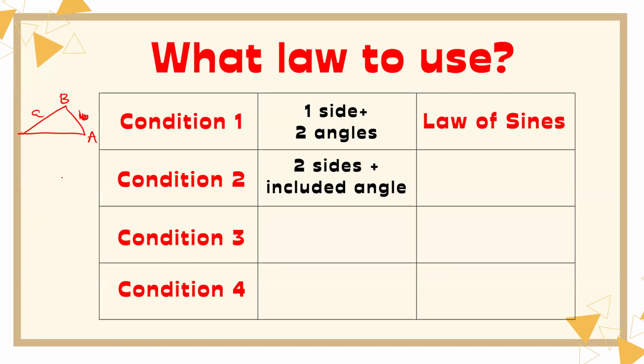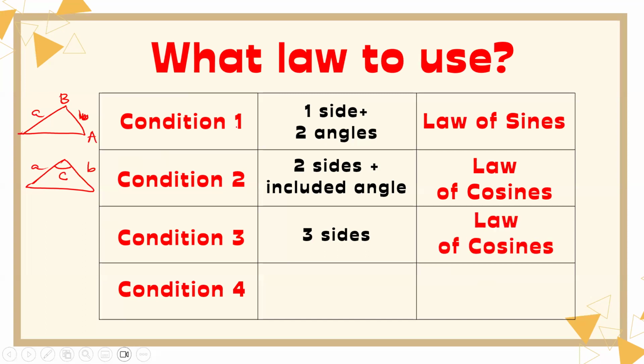Condition 2, if you have two sides and one included angle, so this would be the included angle here, then we'll be using the law of cosines. Then three sides, A, B, and C, we'll use the law of cosines.